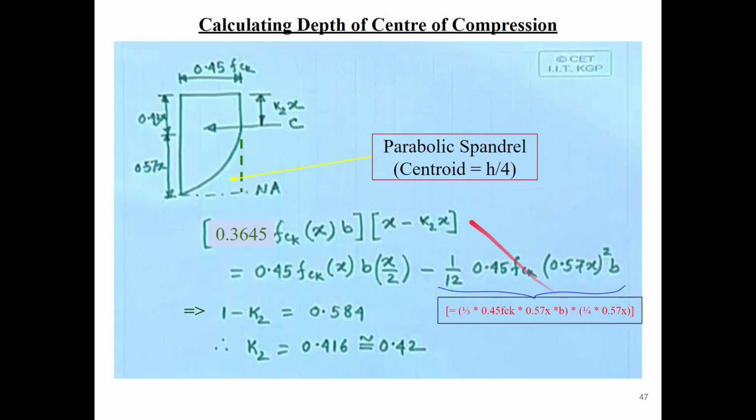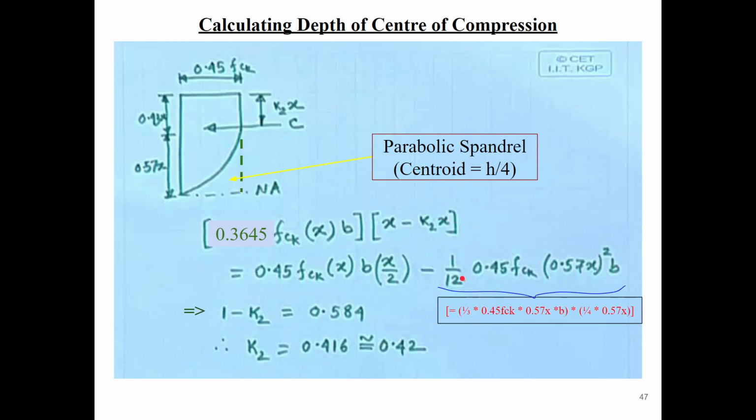So this is basically a parabolic spandrel, and for this the centroid is at a distance of h by 4. Because this is 0.57x, the h is 0.57x, so the centroid is 1 by 4 into 0.57x from the neutral axis, right?